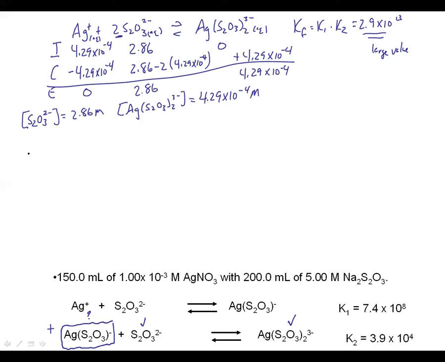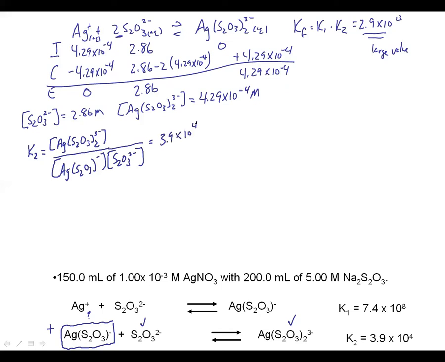So using K2 from the problem, K2 would equal the products, which is this guy, divided by our reactants, which is this guy, which is one of the things we're looking for. And again, that would equal our K2 value there of 3.9 times 10 to the 4th.